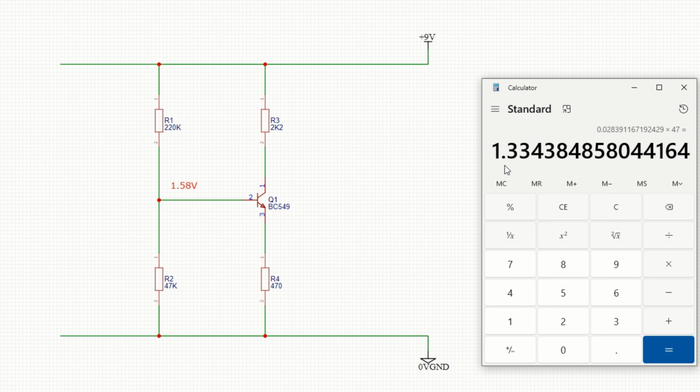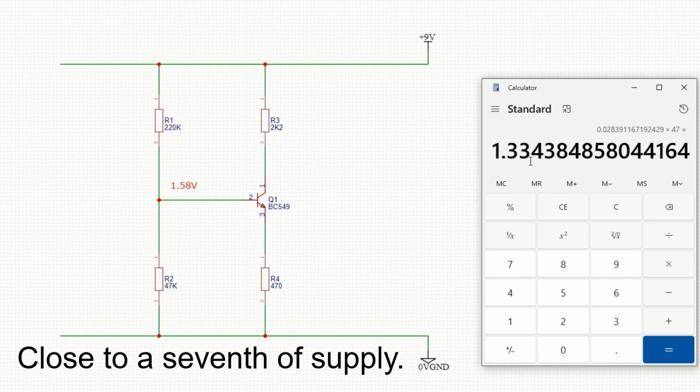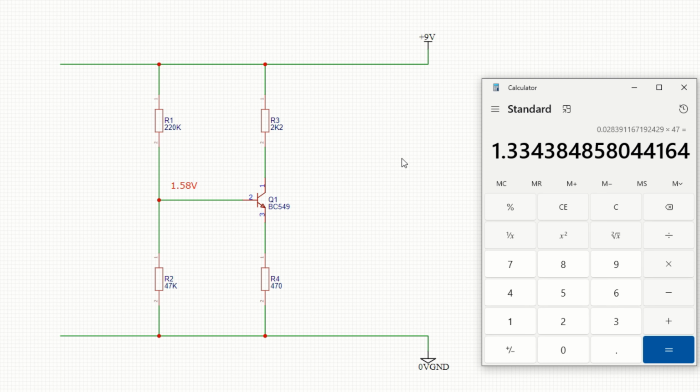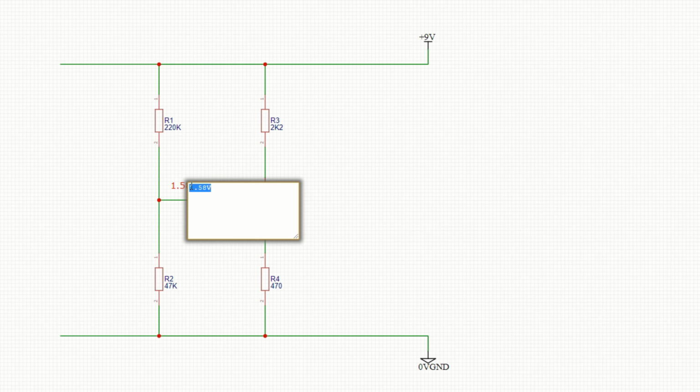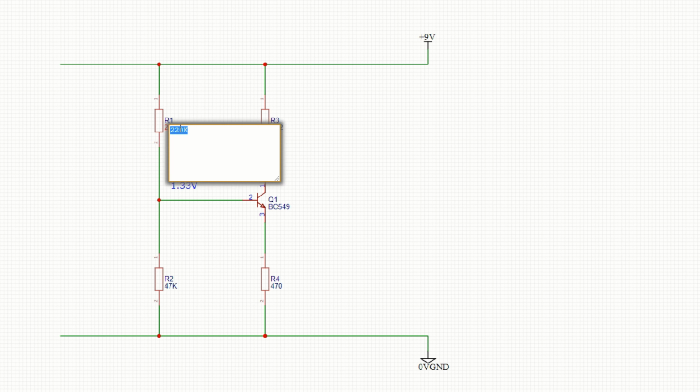Oh, that should be better. 270k gives 1.33 volts. Okay, so let's make that 270k then. That's in the range I was originally aiming for.